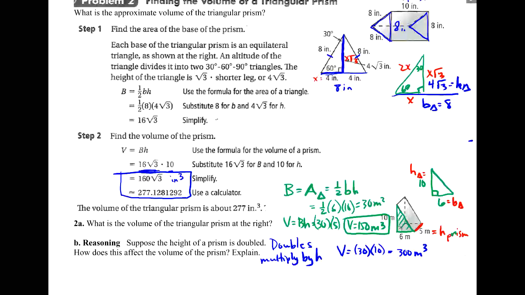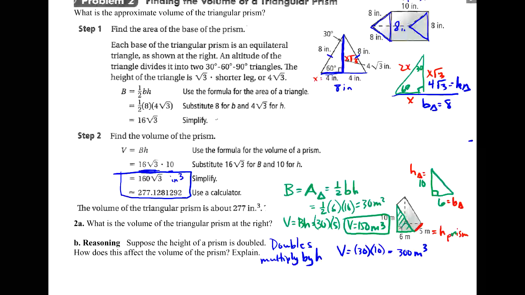The second question says, what happens if the height of the prism is doubled? How does it affect the volume? Well, it's simply going to double the volume because we are multiplying the area of the base times the height. So if we try some numbers here, we use our area of the base from the previous problem. It's 30 meters squared, and we multiply it by double the height, so times 10, we get 300 meters cubed, which is double the volume we got before.